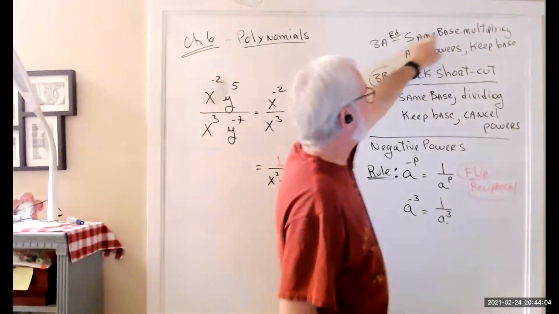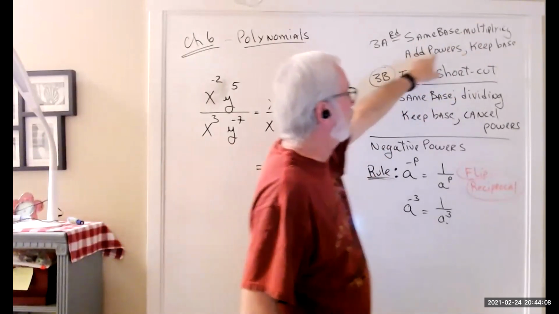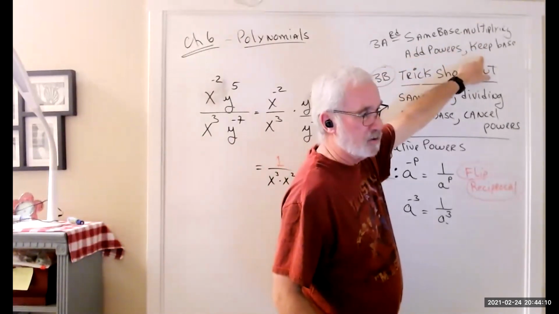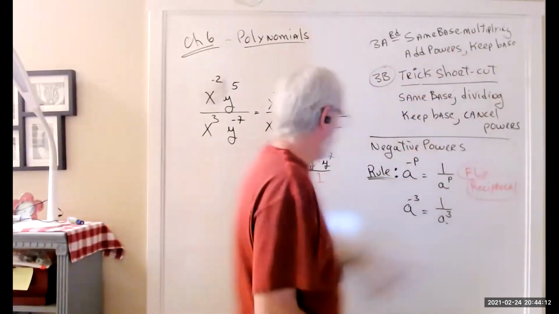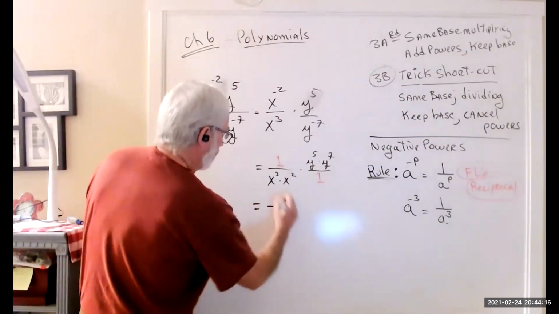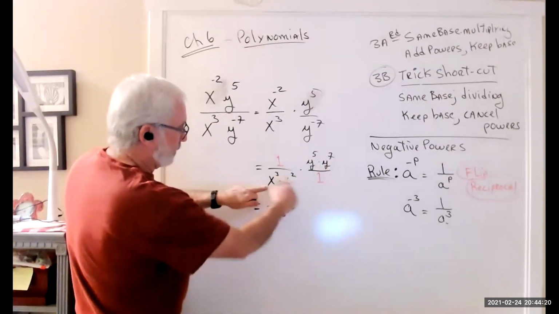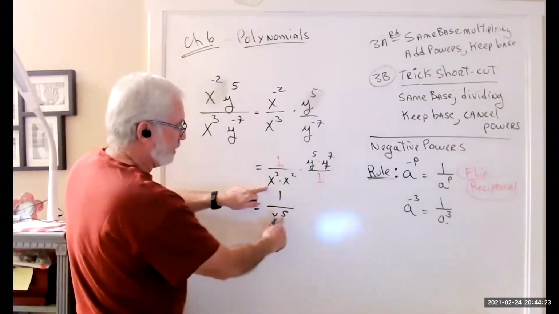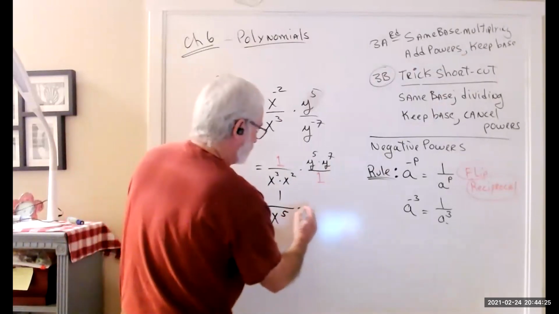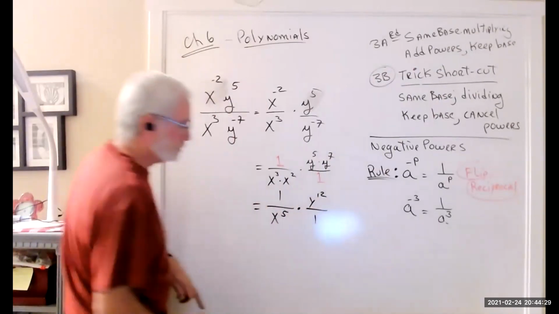If they're the same base and multiplying, we add the powers and keep the base. So this is going to be 1 over x to the 5th. Add the powers. 3 + 2 is 5. Keep the base. This is going to be y to the 12 over 1.